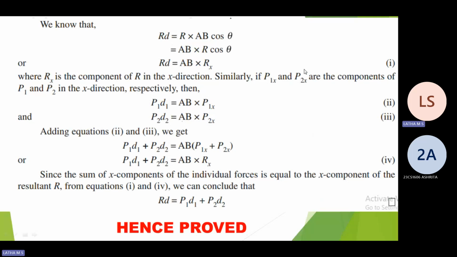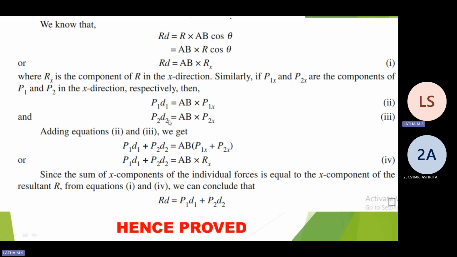Now I call this equation 1, equation 2 and equation 3. Did it follow? Whatever you do for the resultant, the same thing you do for P1 and P2. Right? So instead of doing all those steps once again, I can write similarly P1 D1 is equal to AB P1x, P2 D2 is equal to AB P2x.